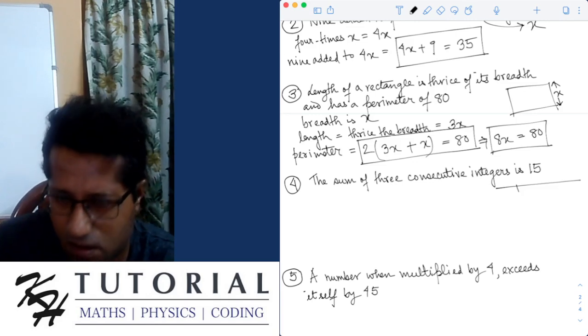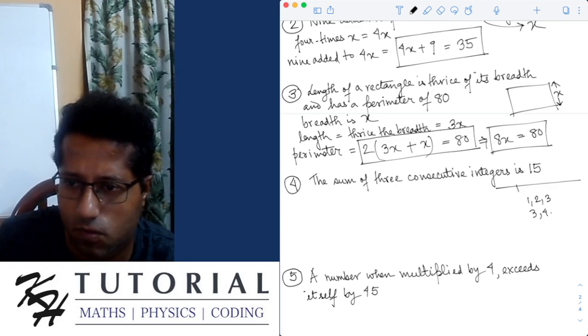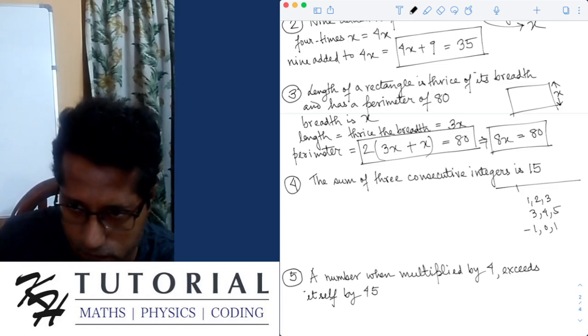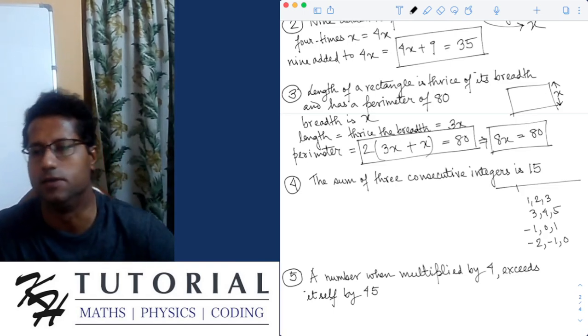Examples are 1, 2, 3, or 3, 4, 5, or -1, 0, 1, whatever. So these are 3 consecutive integers.